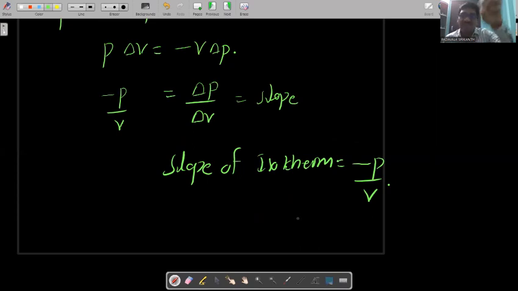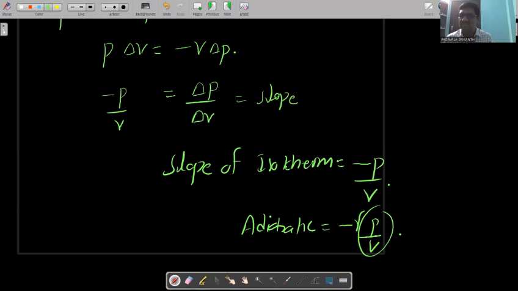And if you go for the adiabatic process, the slope will be gamma times the value, gamma into P by V. And since gamma is always greater than 1, the adiabatic constant is always greater than 1 for any type of gas, diatomic, monatomic, polyatomic, any type of gas.